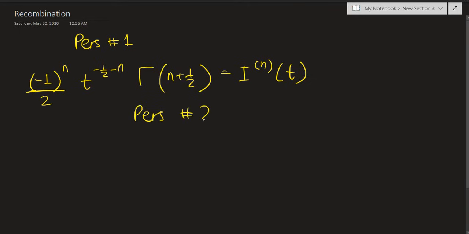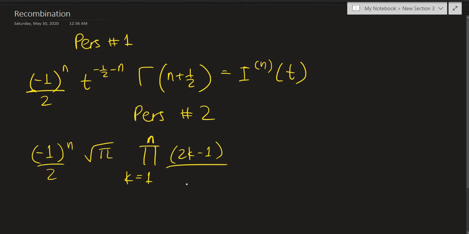From the second perspective, we obtained that negative 1 to the n by 2 times square root of pi times the product from k equals 1 to n of 2k minus 1 divided by 2 to the nth power times t raised to negative half minus 1 is also equal to the nth derivative of I of t.